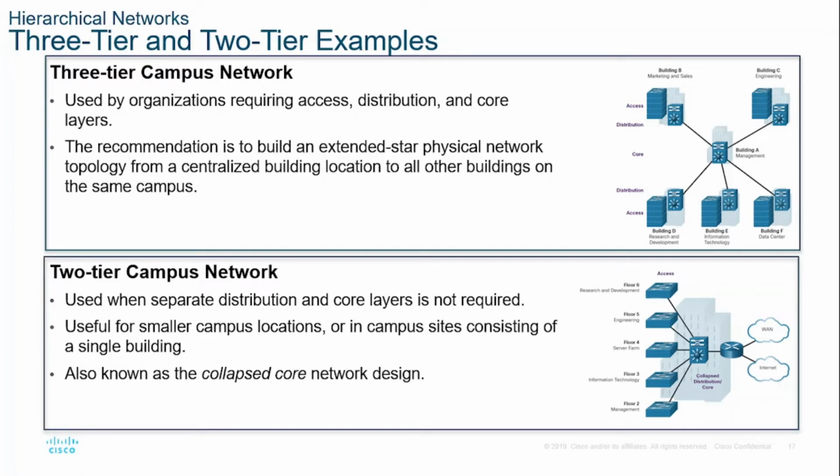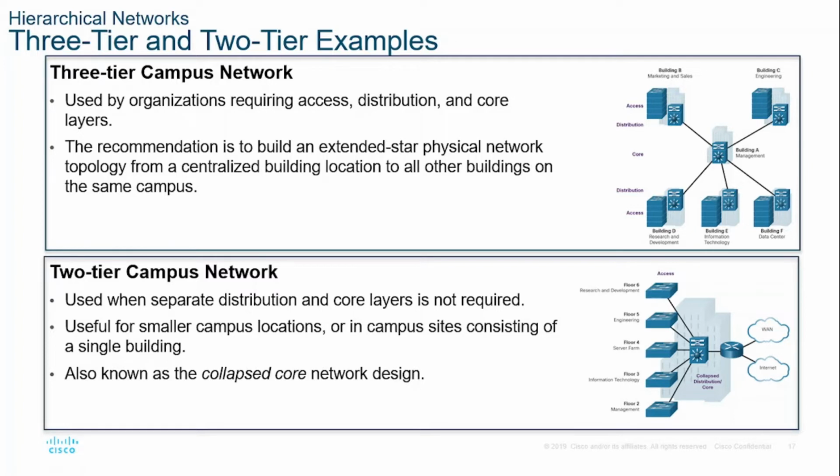So if your campus is large enough with several remote locations within the area, the recommended design is the three-tier campus network, where the core is placed under the building A management, and then next is the distribution, and last is the access layer.